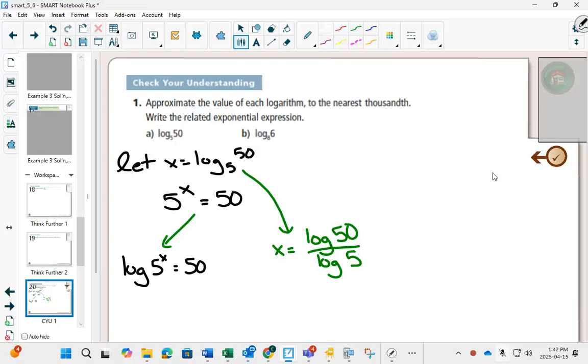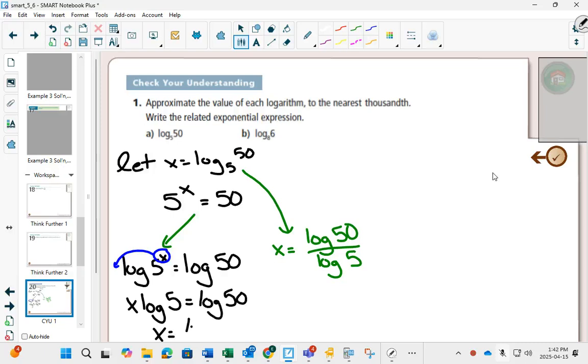Well, if you don't remember it, you can take the equation and take the log of both sides. And then that would allow you to use an exponent law, and I can bring this x out in front. That gives me x log 5 equals log 50.